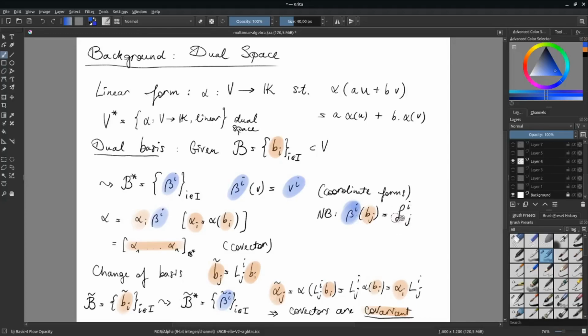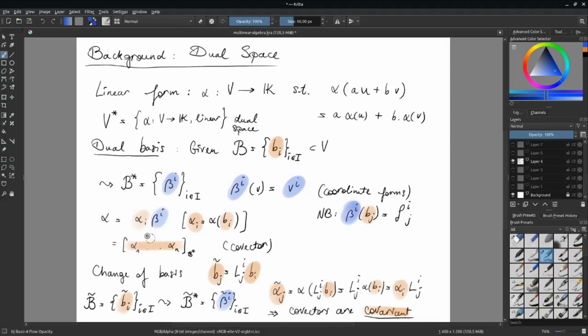And that means that when I apply beta i to some b_j, that's essentially delta ij, the Kronecker symbol, or here essentially the identity matrix. And so these beta i's are a basis of my dual space.